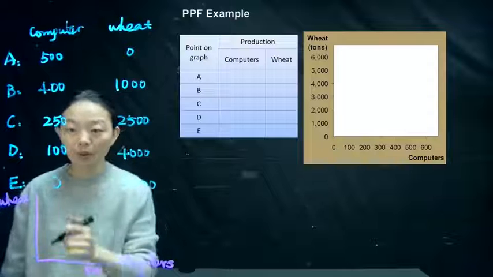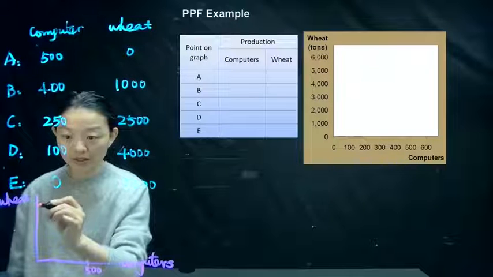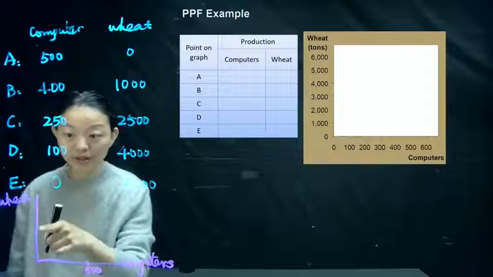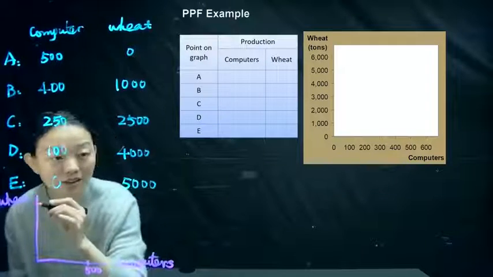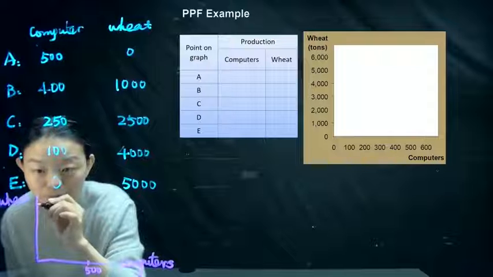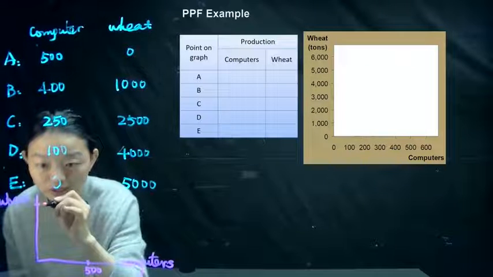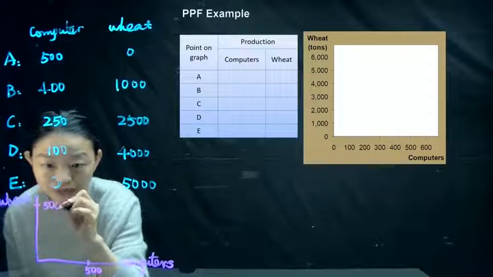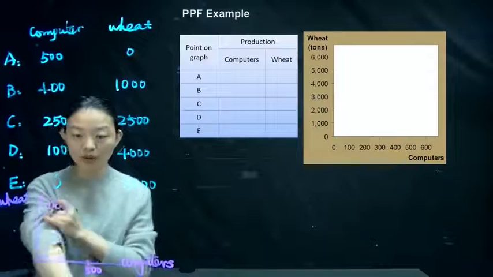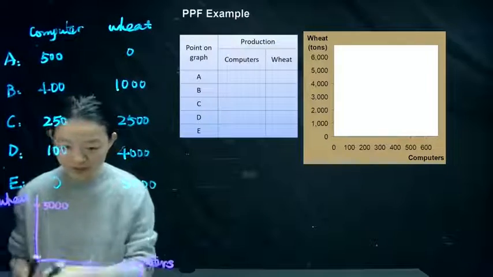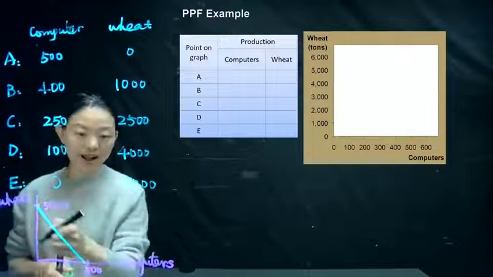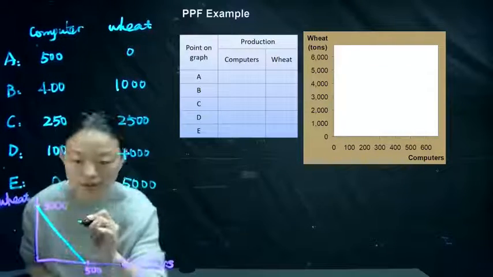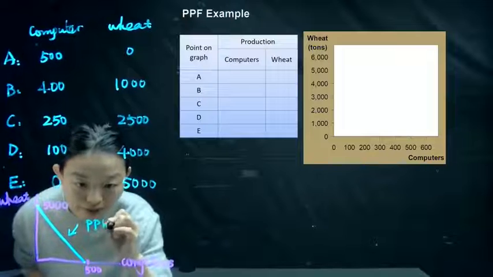And then for point E, you see, we have 0 computers, but 5,000 tons of weight, right? So I can mark point E here, 5,000 tons of weight, but no computers. Then you can link these two dots, and then you will have the PPF, okay? So this is what we call PPF.